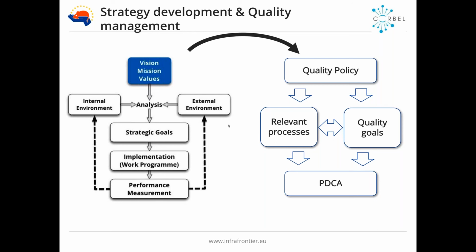And then identify the quality goals, and the quality goals would relate to your overall quality policy, but they will also relate to your relevant processes, because usually for each of the processes you would also formulate goals. And then we enter into the act of implementations. So plan, do, check, act, but I will come to that. And of course, once this is implemented, this will also affect the overall strategy of the organization.